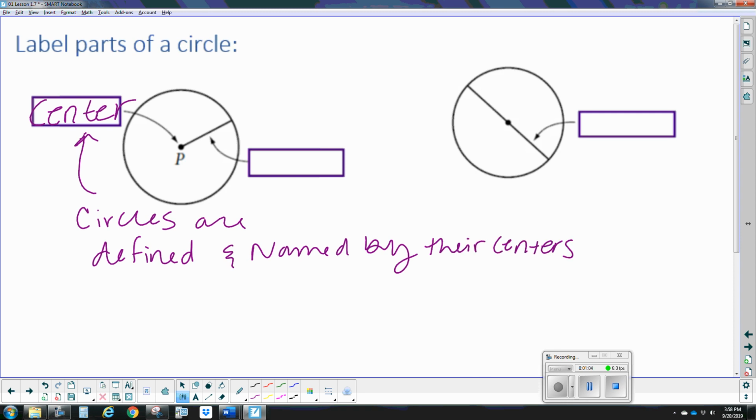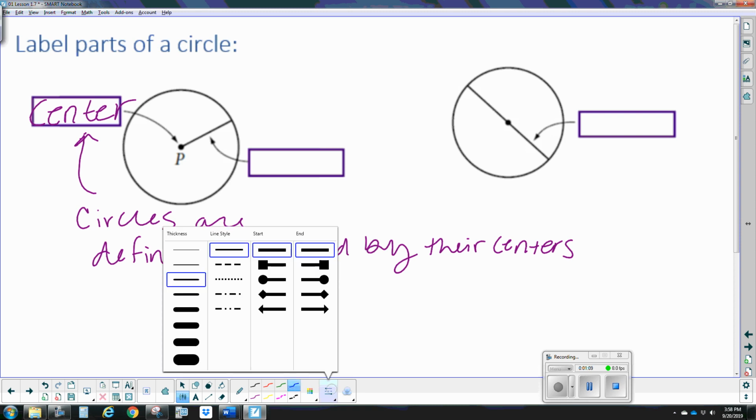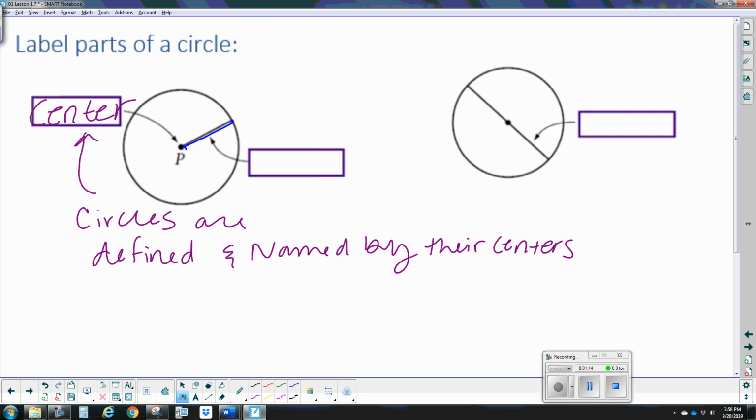So I would refer to this circle as circle P because it has a center point P. The second one is talking about a segment from the center of the circle to any point on the outside of the circle, and that's called a radius.